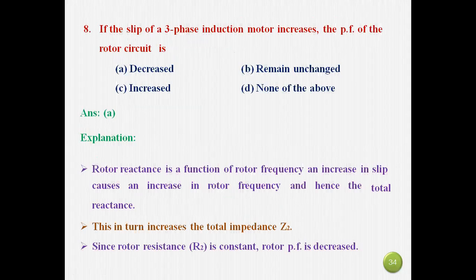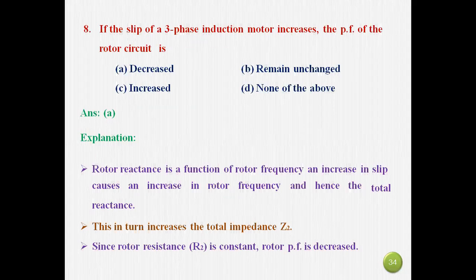Now we are supposed to find what happens if the slip of a 3-phase induction motor increases. It means if we increase s, the power factor of the circuit will be? Power factor is denoted by cos phi, and we have the formula P equal to root 3 VL IL cos phi.